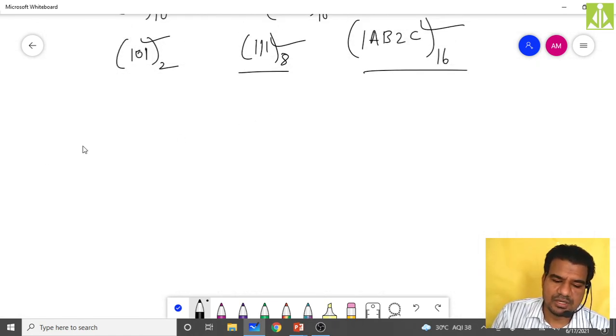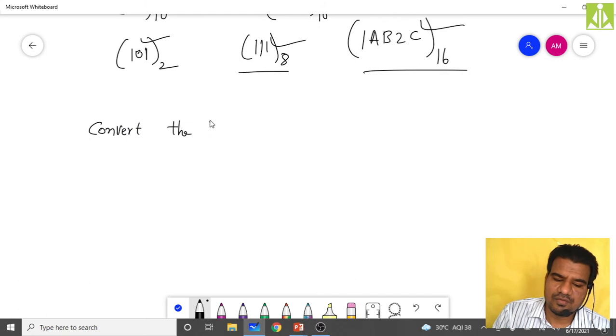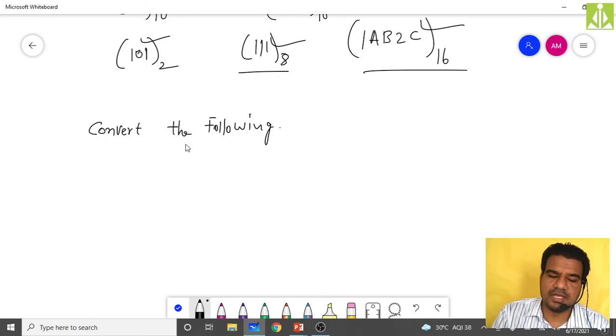Let us assume we are now doing it like this: convert the following. They will not give the information about which number system the number is in; they will only give the base value.